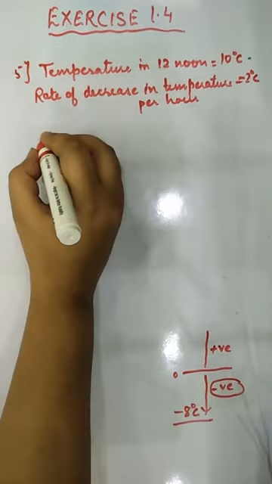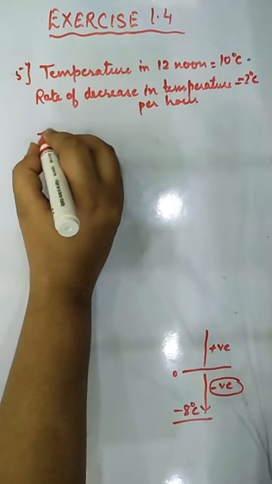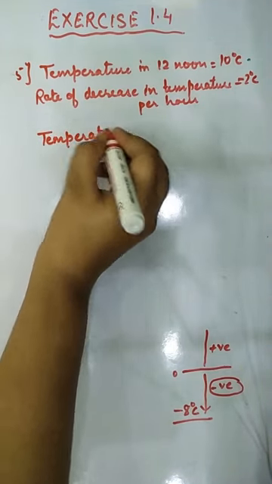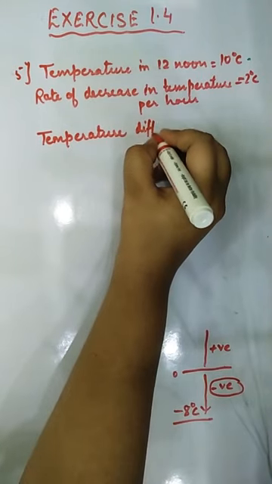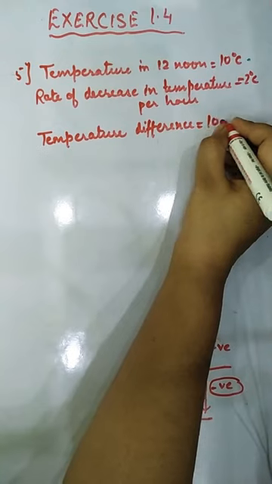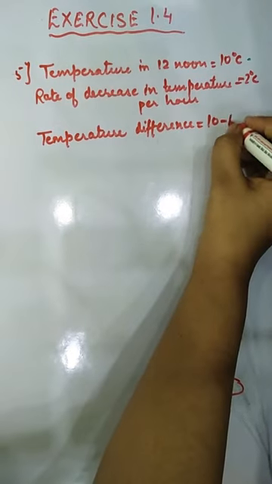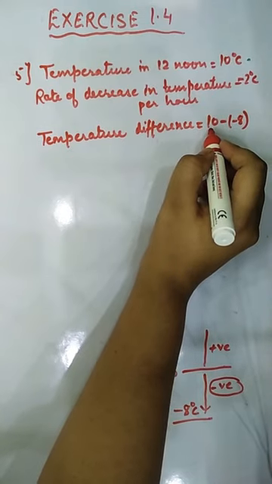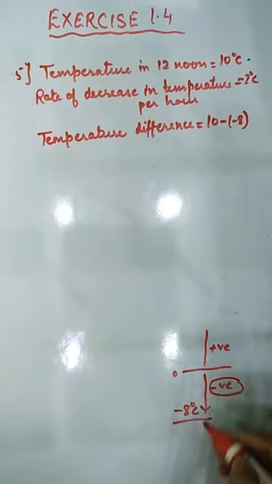So first of all you will find out the temperature difference. How will you find it out? 10 minus -8. Difference means a minus sign will be there. The greater number is first and -8 is the second number.